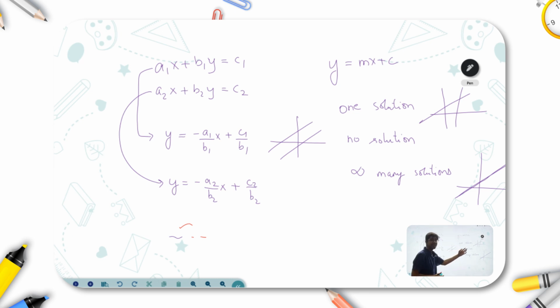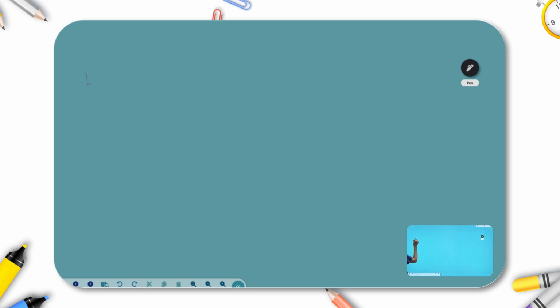With the understanding of y is equal to mx plus c, where m is the slope and c is the intercept, and transforming the system of linear equations into this form, we can say that for line L1, which is given by a1x plus b1y is equal to c1, m1 is minus a1 by b1, and the y intercept for the first line is c1 by b1.